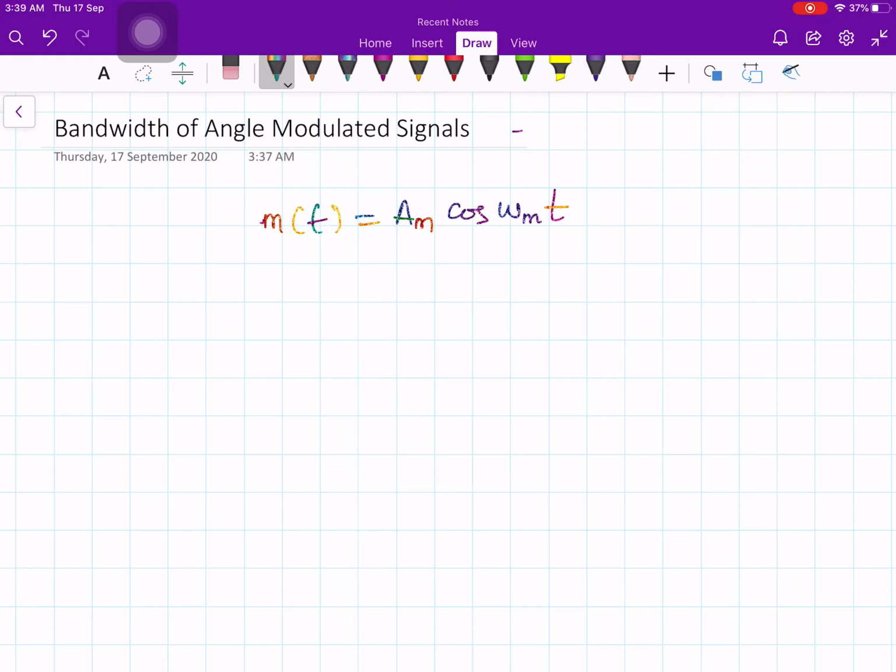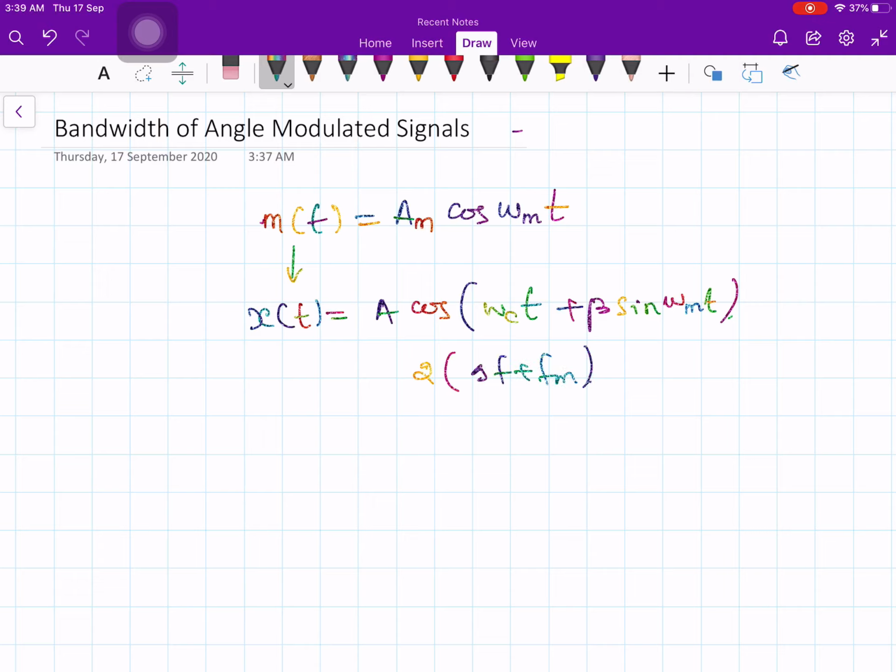For that signal we said x of t is equal to A times cos of omega ct plus beta times sin omega mt. And for this we found the bandwidth, that is 2 times delta f plus fm.